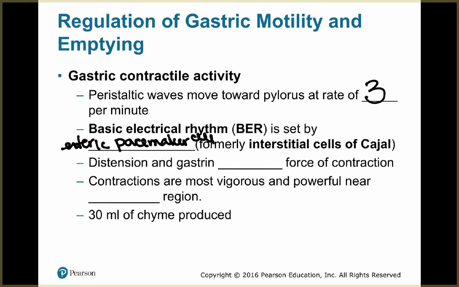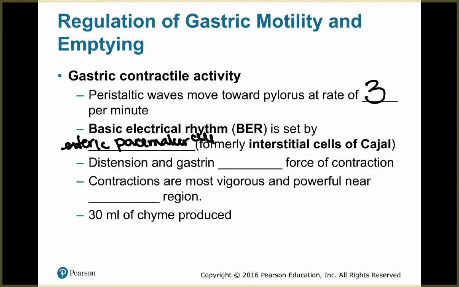Think of the same idea as the heart, which can contract on its own because it has its own pacemaker cells. The stomach does as well. They're linked by gap junctions, so the entire muscle contracts together.